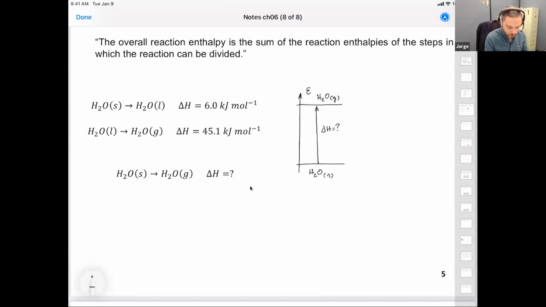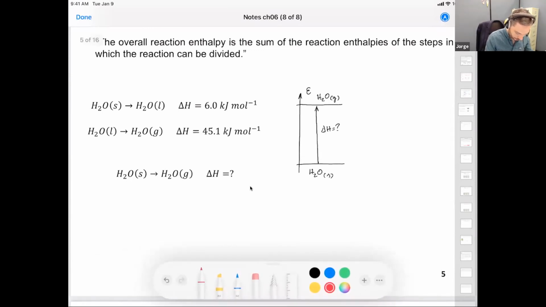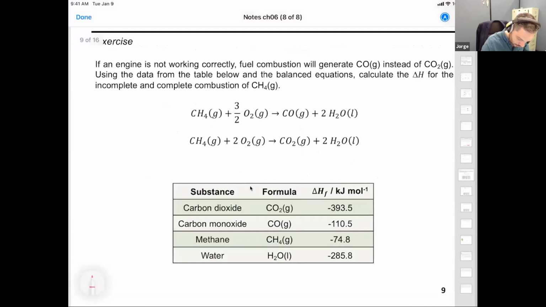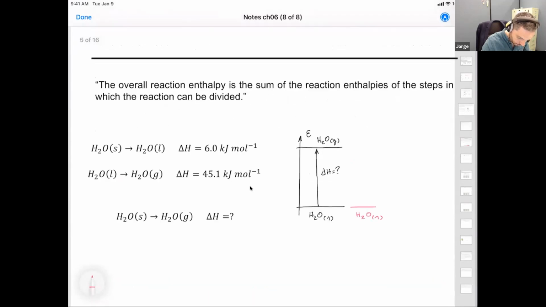So what I'm going to do is to draw the energy diagram for the small steps right next to the energy diagram of our reaction problem here. So let me change to red here. So we have a very tiny small step going from water in the solid state to the liquid state.